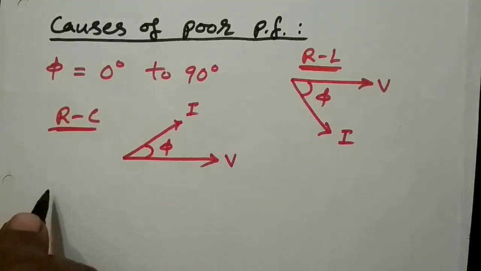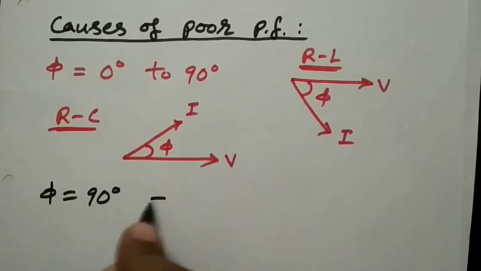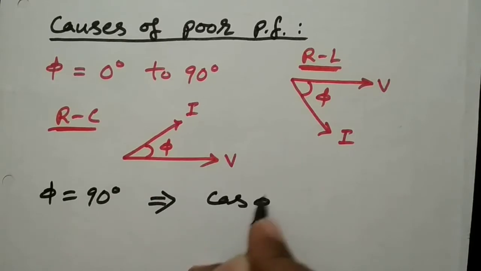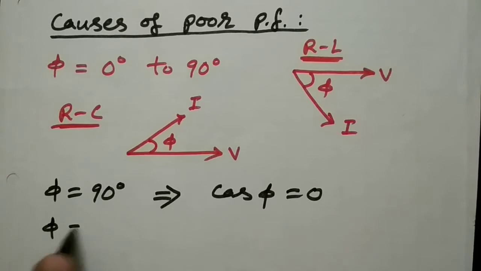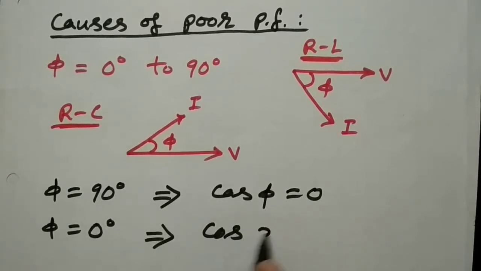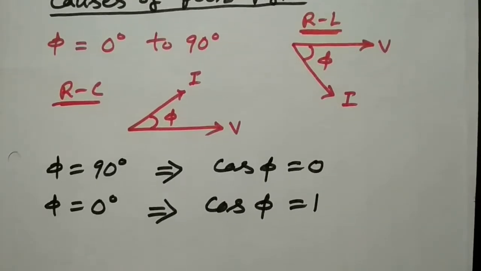So when phi is equal to 90 degree, the power factor will be equal to 0. And when the value of phi is 0 degree, the power factor, that is cos phi, will be 1. Therefore, we can say the range of the power factor is from 0 to 1.